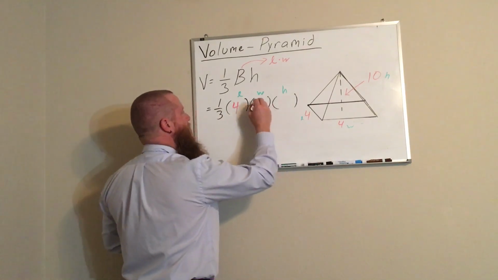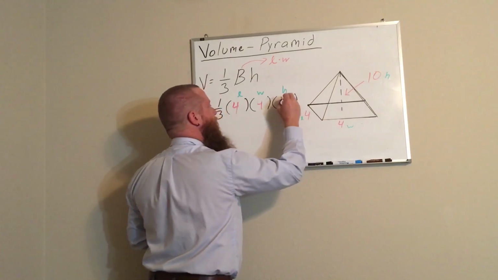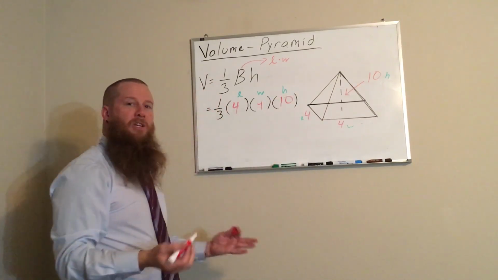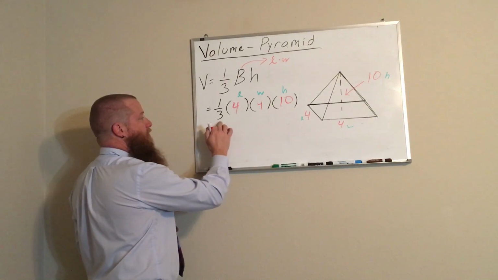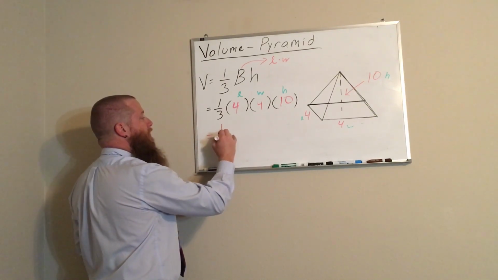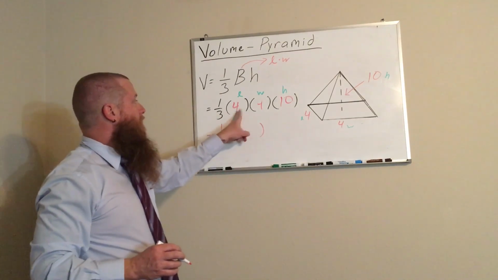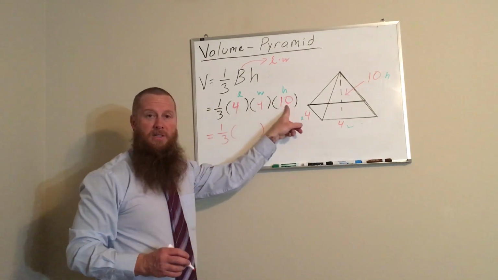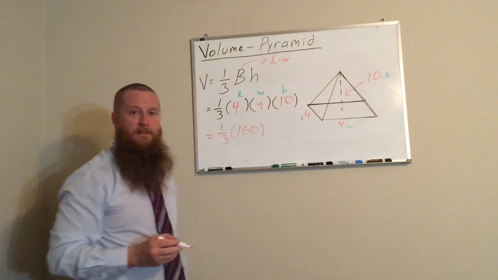The width is 4. And the height is 10. Now from here, the calculator will do most of the work for you. And if you're not sure how to manage this 1/3, I recommend you leave the 1/3 for now. You press 4 times 4 times 10, and you get 160.